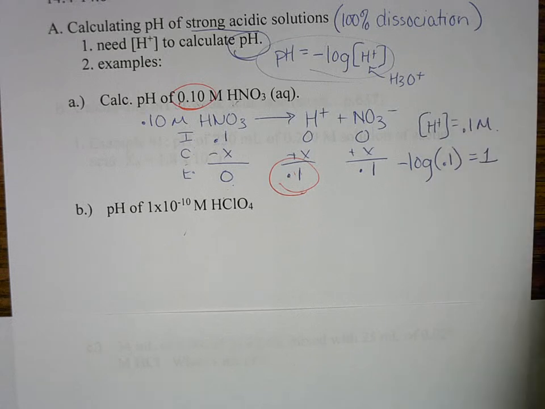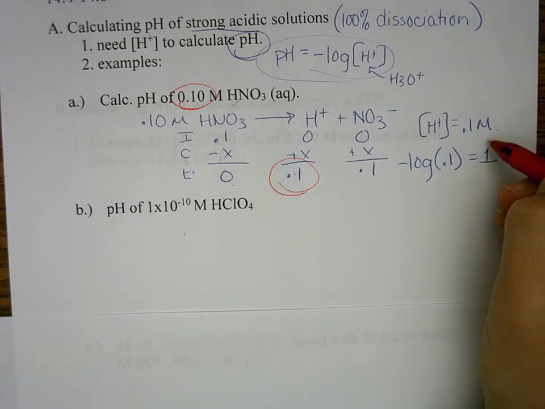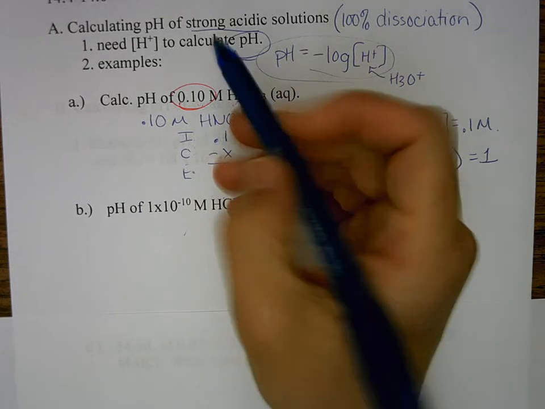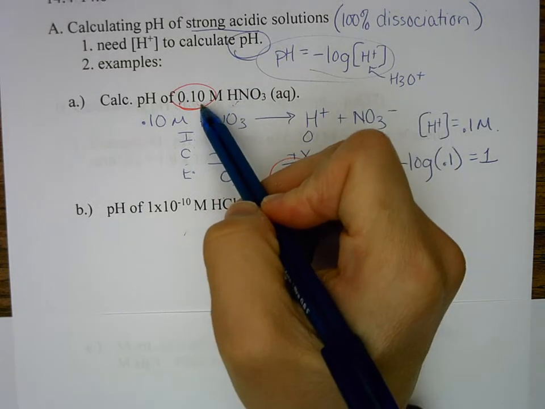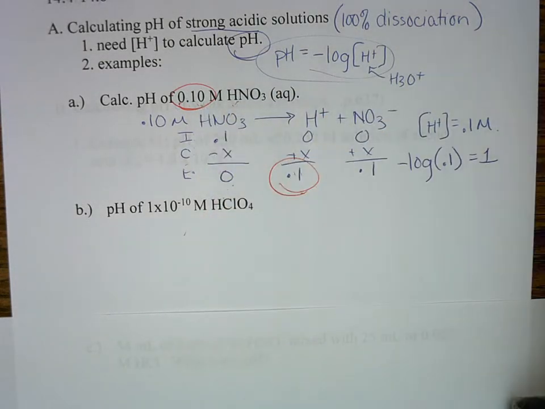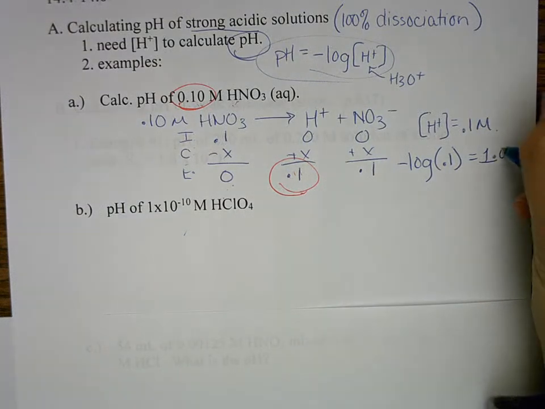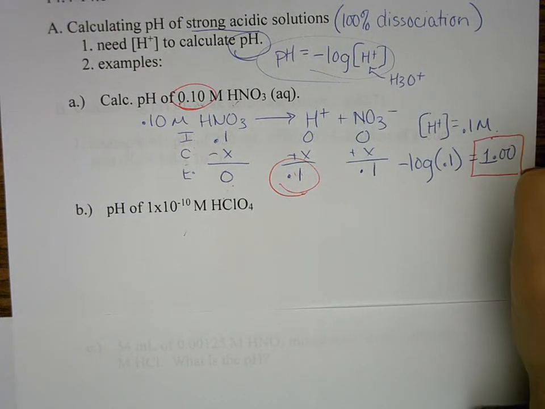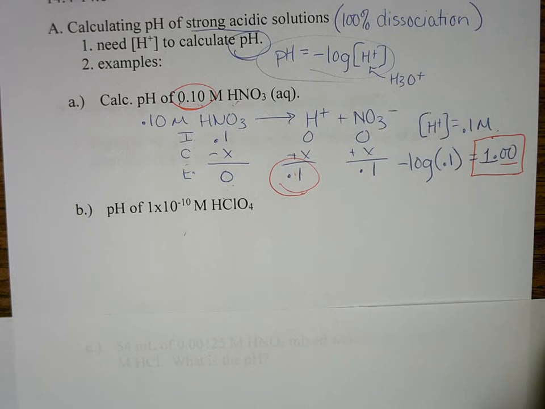And the negative log of 0.1 is just 1. And significant figures, base it off of what you were given. So there's 2 significant figures there, so really this answer should be 1.00. Because remember, on Wednesday, it's the numbers after the decimal in pH values that count as significant figures.